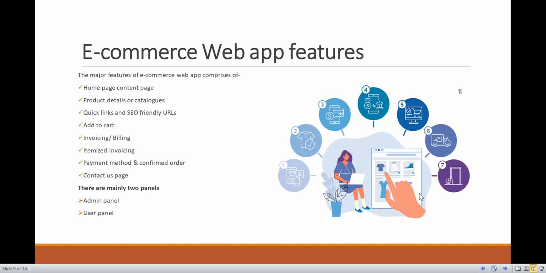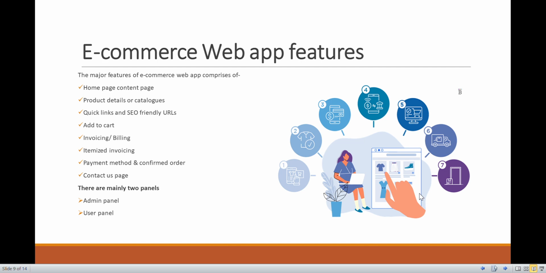So coming to my e-commerce web application, the major features are: it has a home page with a content page that says about the company I work for, what products we make, and all about what we do. It also has another page that displays all our products in detail and shows the catalogs, and it also has quick links and SEO friendly URLs.